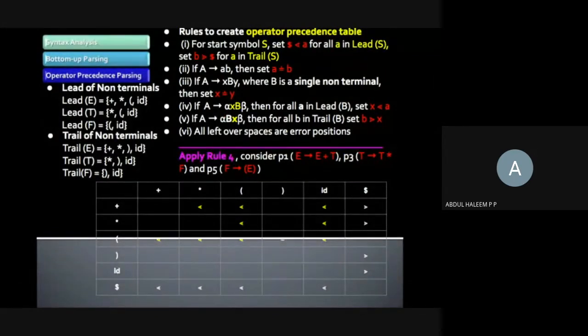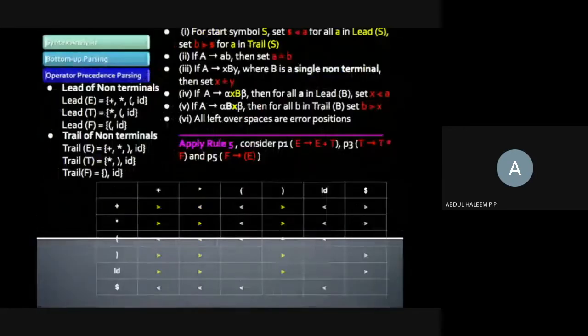Now we have to take up the next rule, rule number 5. So we will see which are all the productions where rule 5 can be applied. We can see that rule 5 can also be applied on the same set of productions. It is of alpha BX beta format, where a single non-terminal is followed by a terminal, BX format.